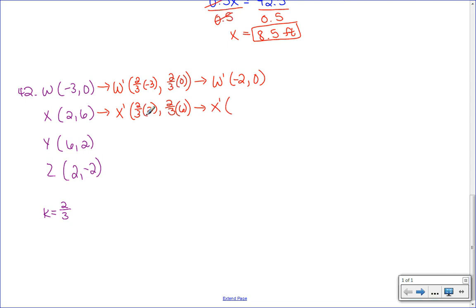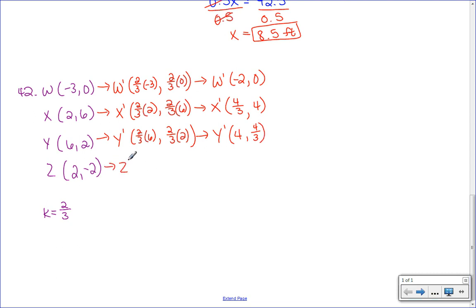When we multiply those, 2/3 times 2 comes out to 4/3, and 2/3 times 6 is 4. For the coordinates of Y, do the same thing: 2/3 times 6 is 4, and 2/3 times 2 is 4/3.